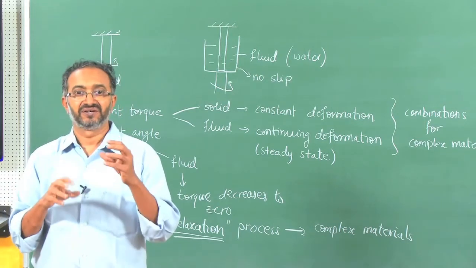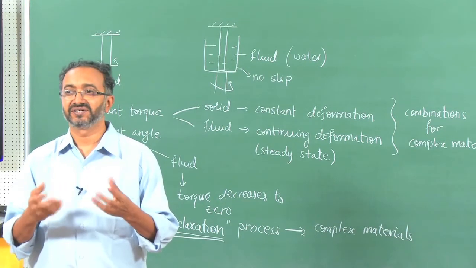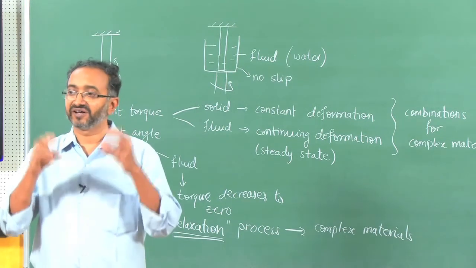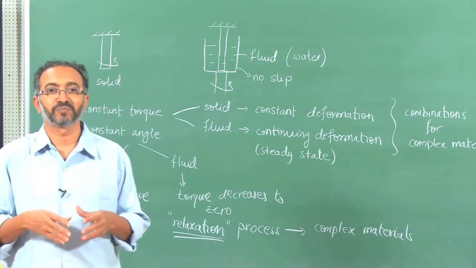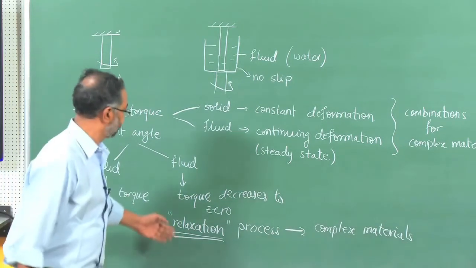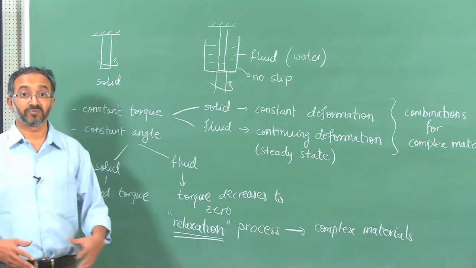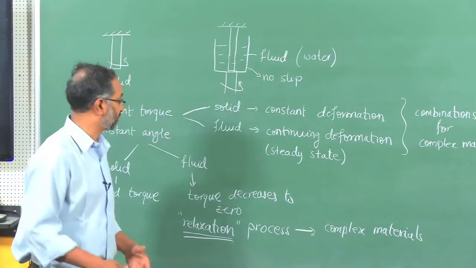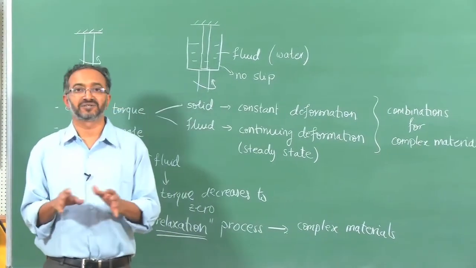So that is another mechanism, another type of relaxation process. Then we may also have hydrodynamic interaction. Each of these different mechanisms at the microscopic scale will bring in different types of relaxation processes, and therefore the complex fluid response, or complex material response, will be a combination of all these relaxation processes that are happening in the material.